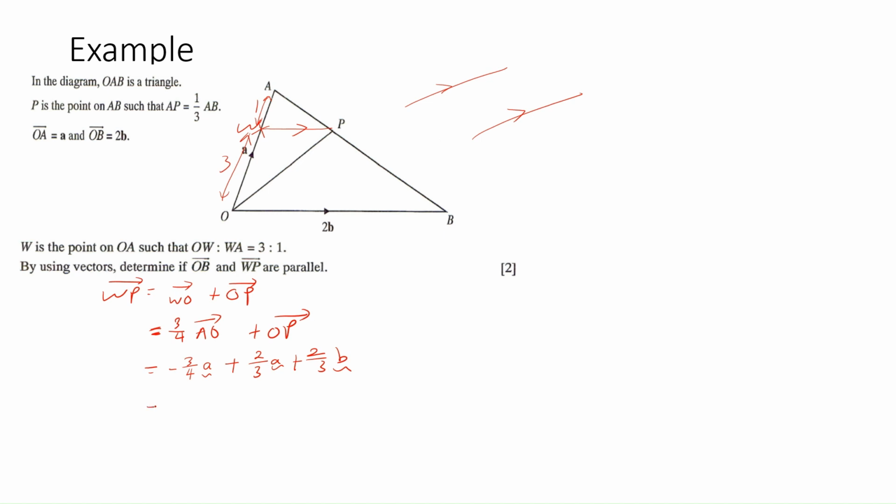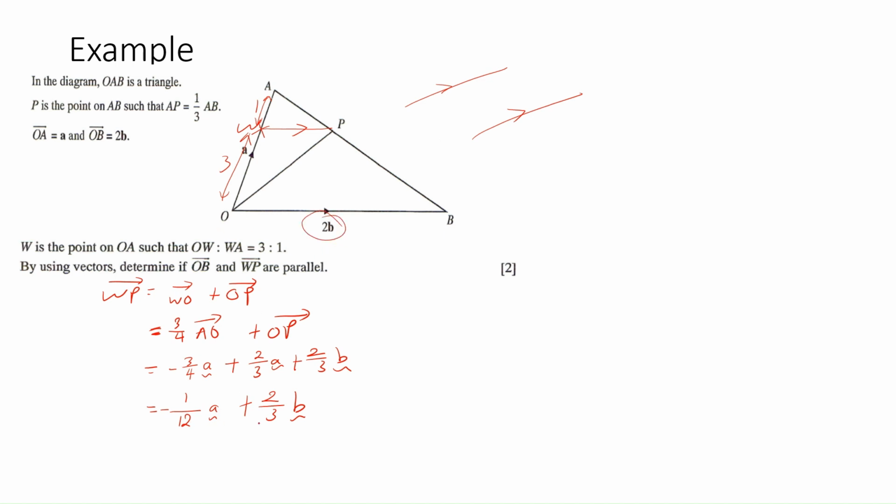Let's add that together. 2/3 minus 3/4. Common denominator 12: 8 minus 9, so it's negative 1. So WP is negative 1/12 A plus 2/3 B. Now, OB, the component is just 2B.